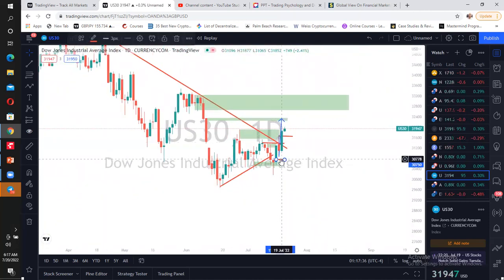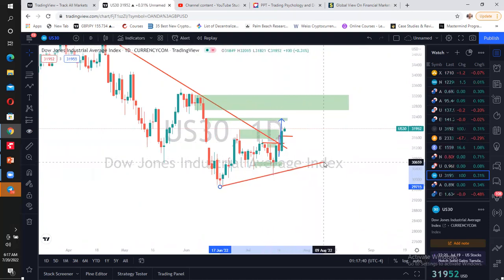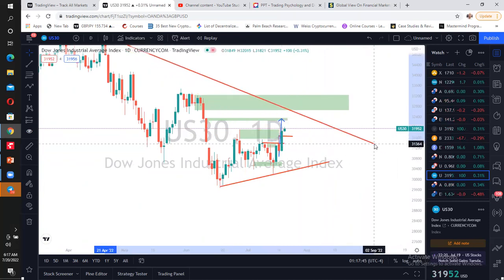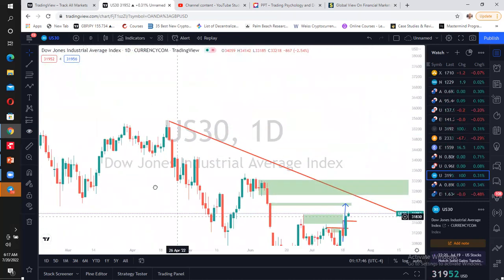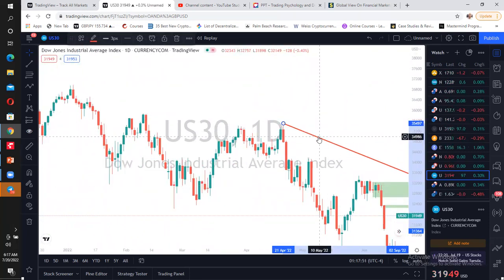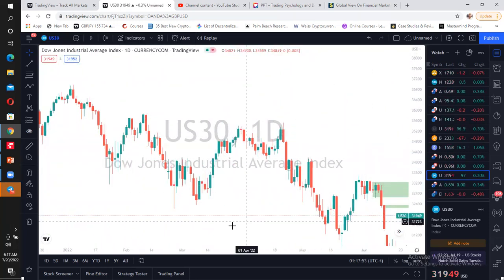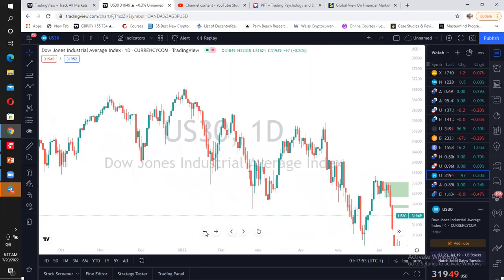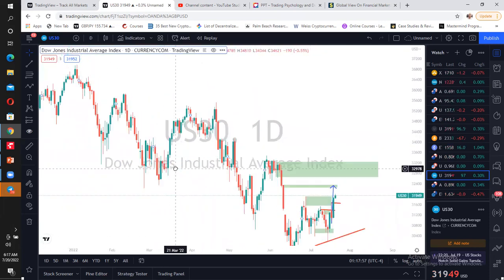We're taking this out. We'll have this trend line daily, and also we're taking this out. Let's zoom out and see. You can have something there.